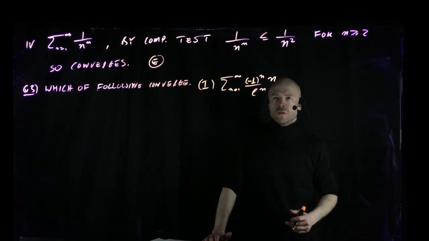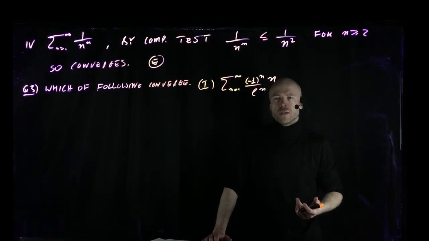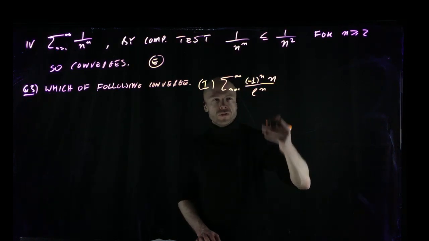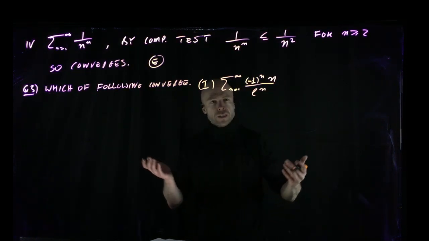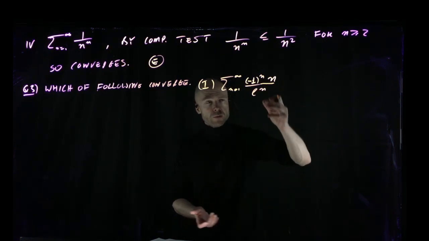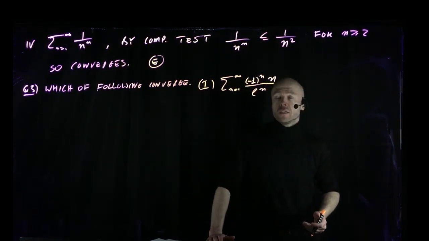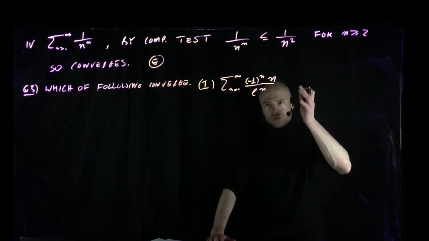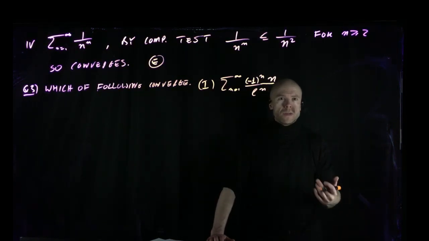But if we think a bit more about the rates at which these are growing, n is certainly growing, but e to the n is growing so much faster, right? e to the n is the exponential function applied to the integers. It is killing n, which is just a linear function, y equals x. So it shouldn't be an issue that this thing is converging. It should even converge absolutely, forgetting about the fact it's alternating.